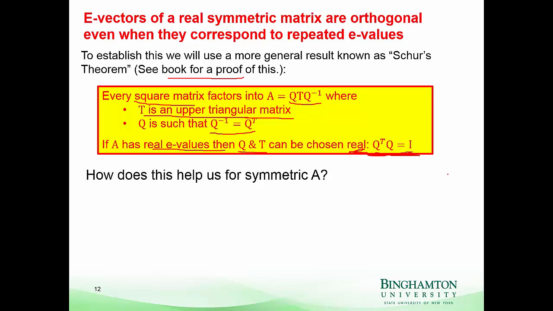Now, given that that's true, and again, I'm not proving that here, but the book does go through it, how does this establish our diagonalization for the symmetric case? Well, it certainly gives us the real eigenvalue part automatically, since we know when we have a symmetric A, we do have real eigenvalues, so we get this result, and we know that Q and T can both be chosen to be real.